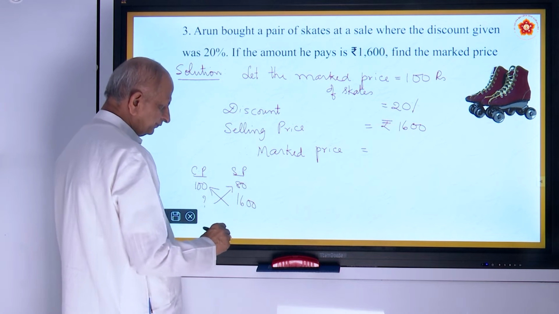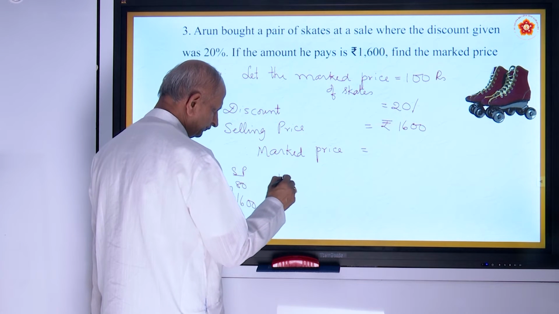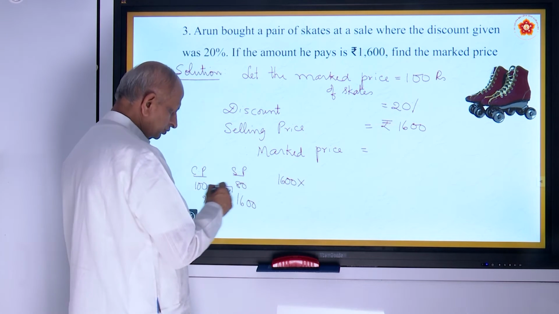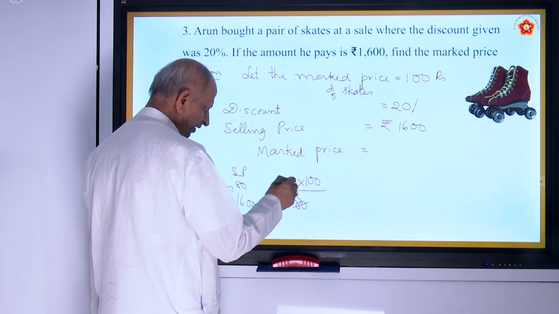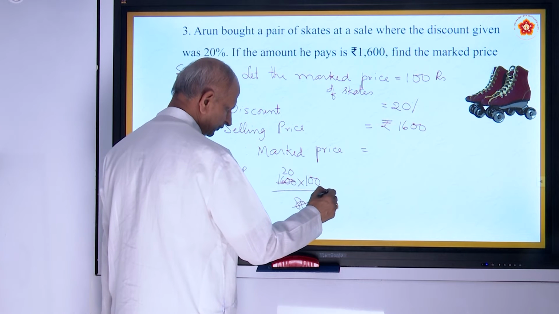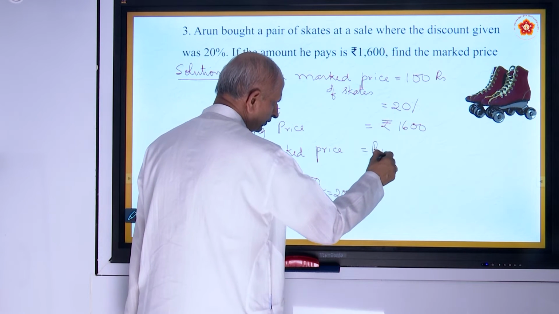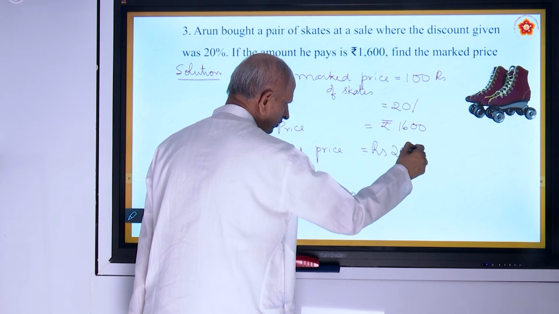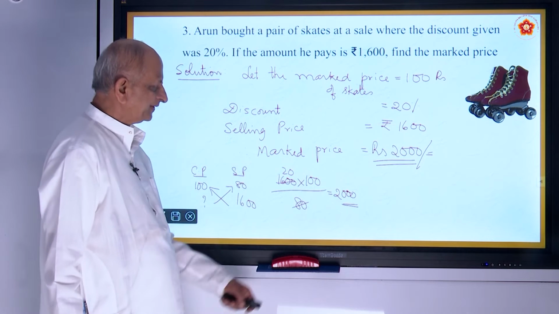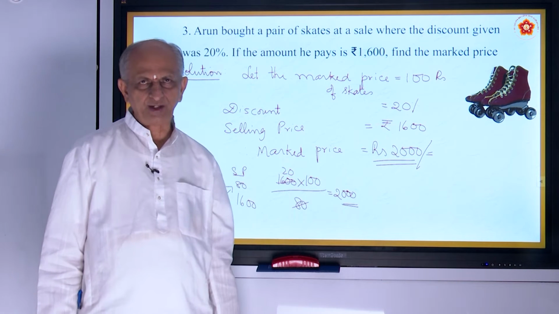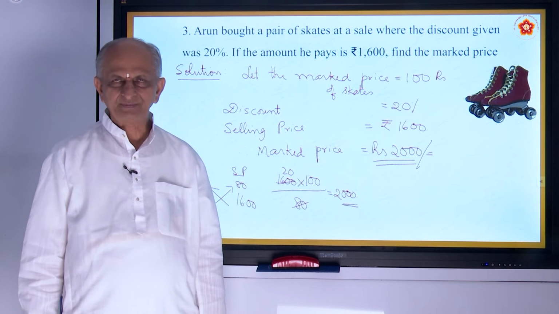So, it will be 1600 into 100 by 80. 8 1s are 80, 20s are 2000 rupees. Rupees 2000. Suppose you calculate 20% of it, it comes to 400 rupees, and hence the selling price becomes 1600. So what you have done is correct.